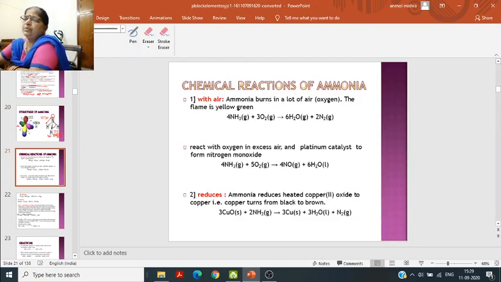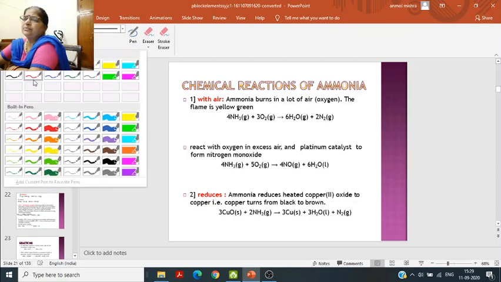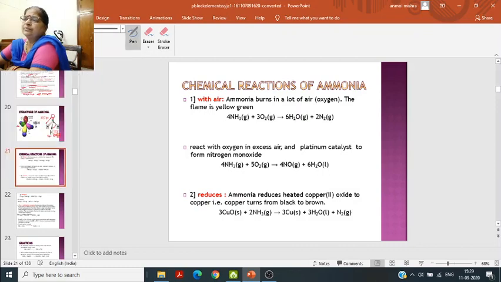Next is chemical properties of ammonia. Ammonia reacts with oxygen to form nitrogen and water. Second, ammonia reacts with oxygen to form nitric oxide and water.